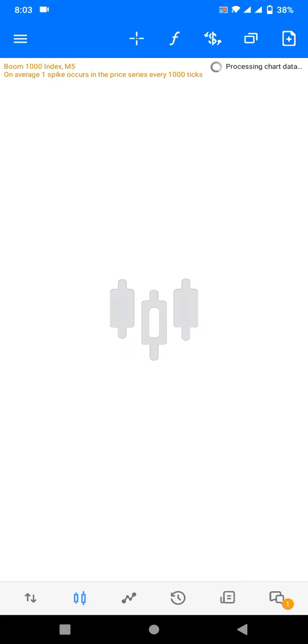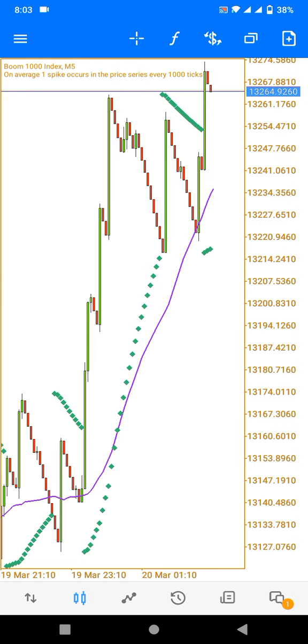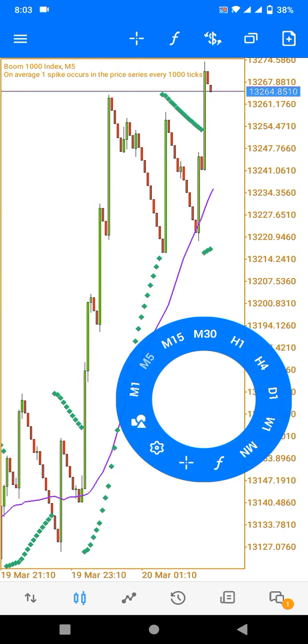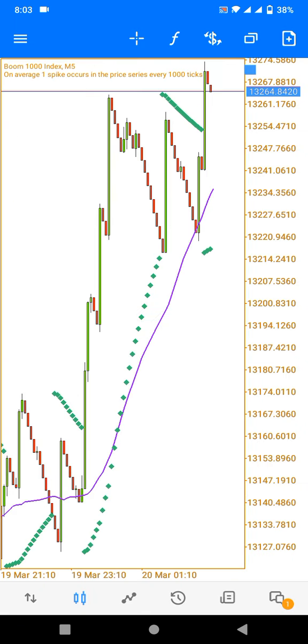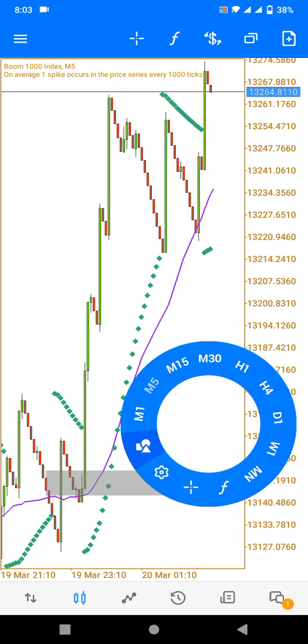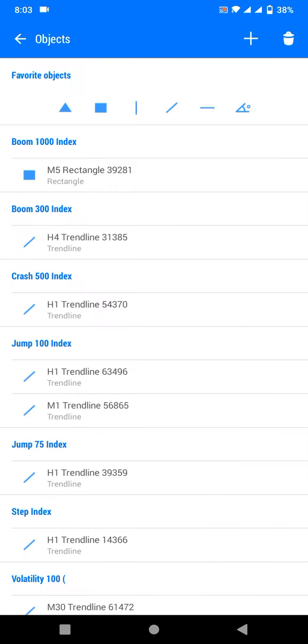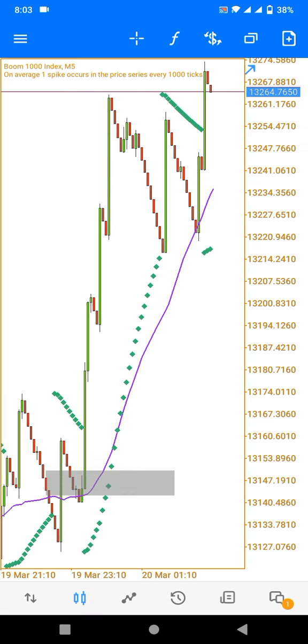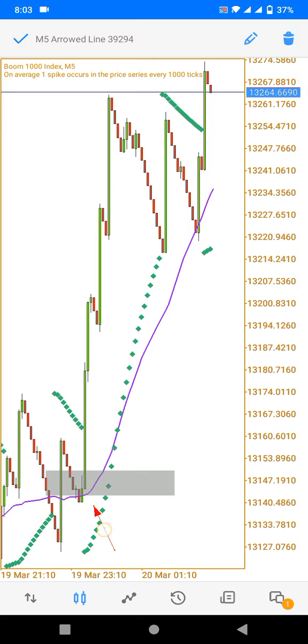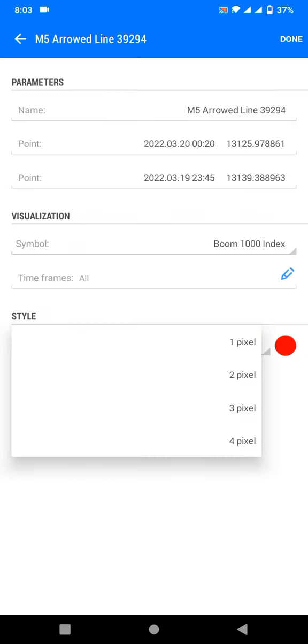Okay guys, so let's have a look at this one. Go for Boom 1000 on the M5 time frame and get the signal. Okay, here is a buy signal. I hope you guys understand. Look here, how easy this strategy is. The first condition you have to look for in this strategy for buy or sell: the Bollinger Band must go from the downside of a candle upward.